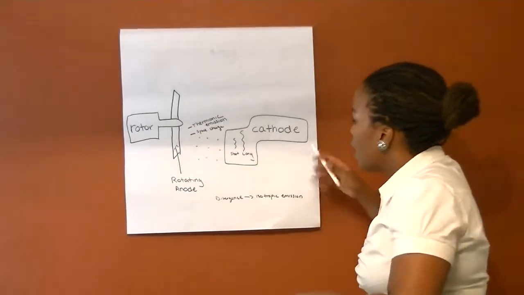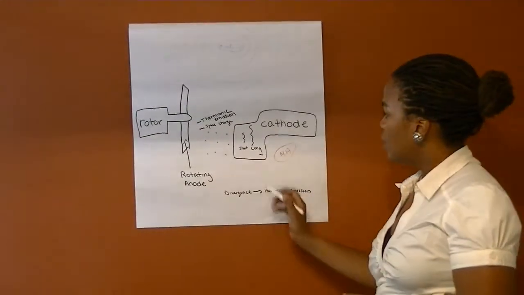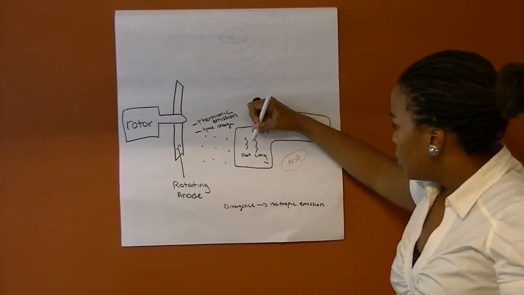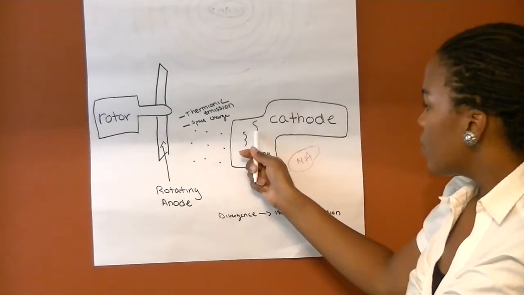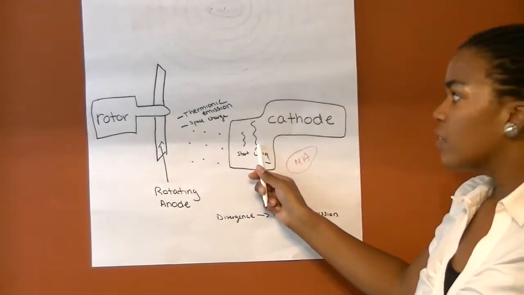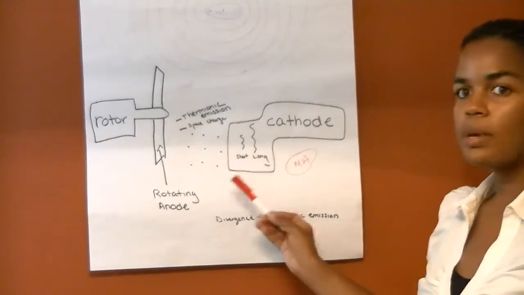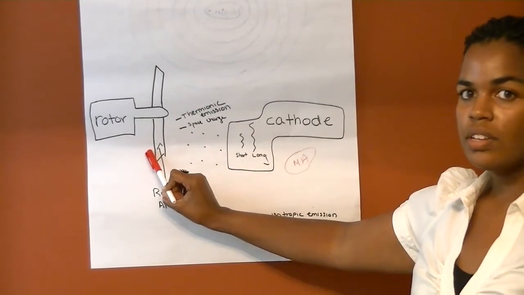So I apply my heat and my units of mA shown here, and the electrons on the filaments are going to start to separate. This separation of the electrons from the filaments is called thermionic emission, and this is going to create a space charge in between the cathode and the rotating anode.